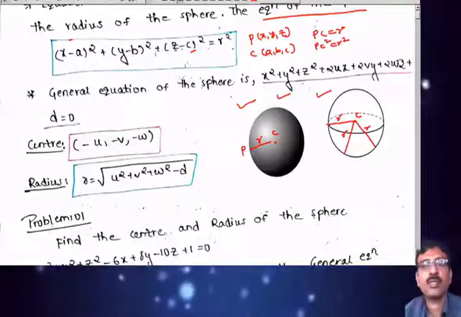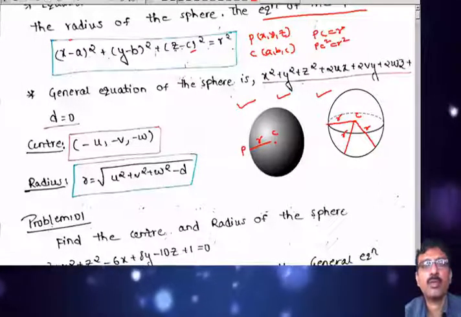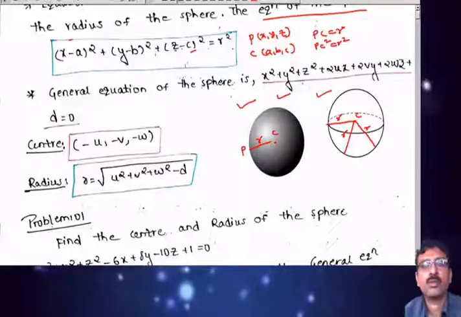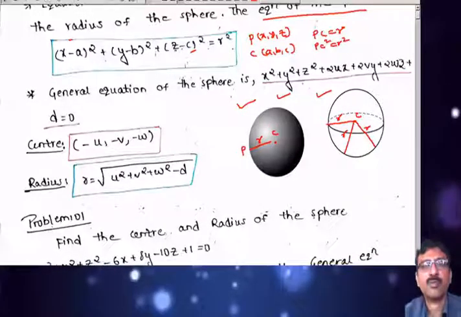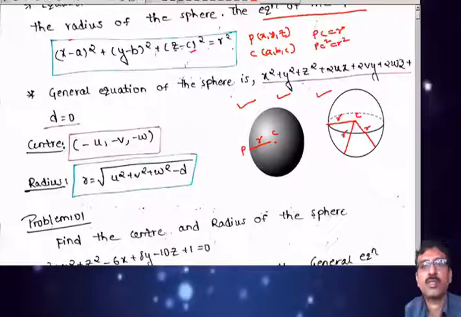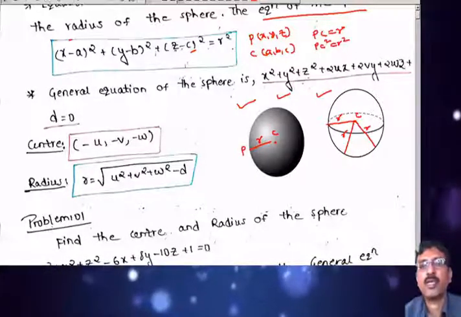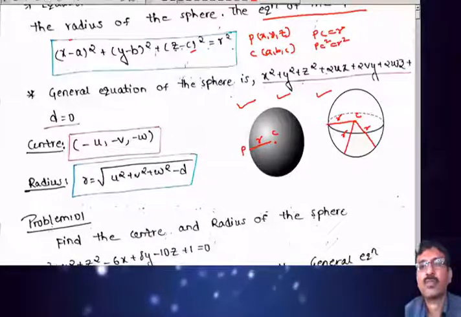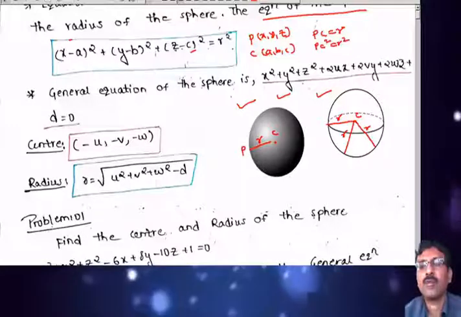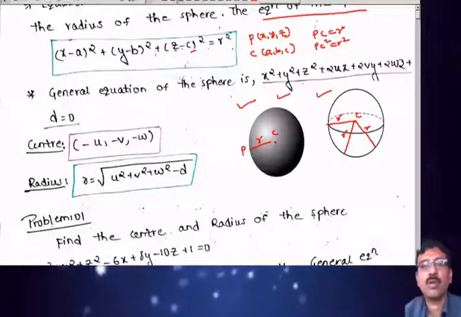Using the (a minus b) whole square formula three times for (x minus a) whole square, (y minus b) whole square and (z minus c) whole square, we get x square plus y square plus z square, and also some x term, y term and z term, and some constant term.